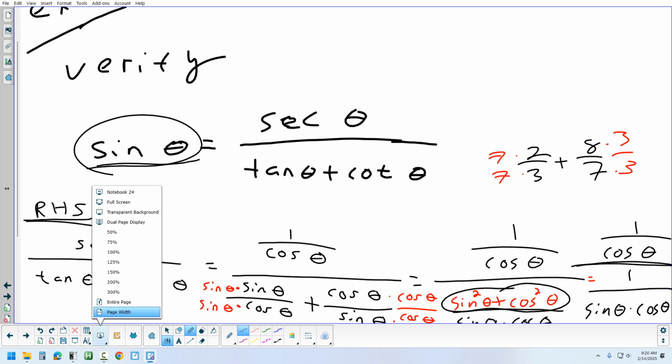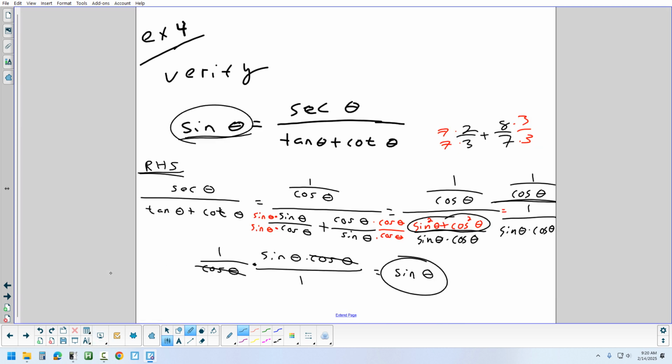Okay, so that's a verified problem. Any questions on that? All right, so as long as you really understand what you're doing when you do arithmetic and algebra, this is really the same kind of thing, right?